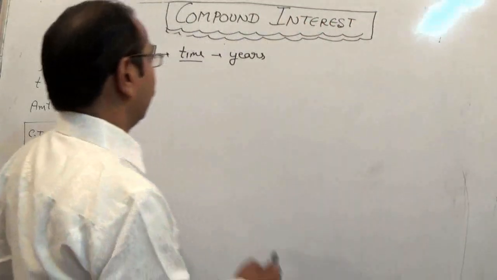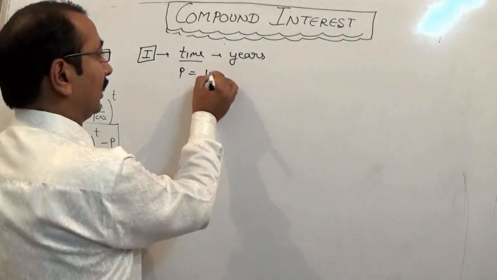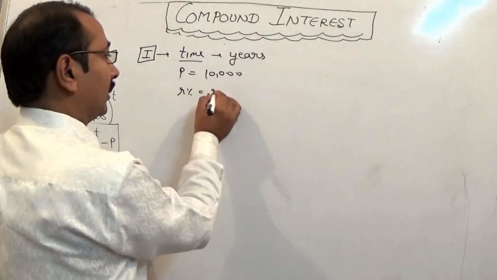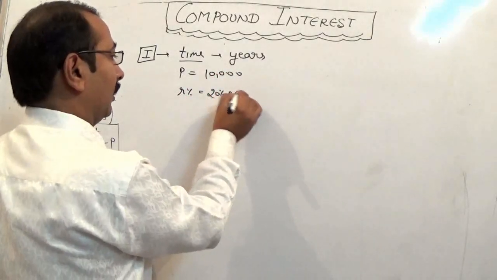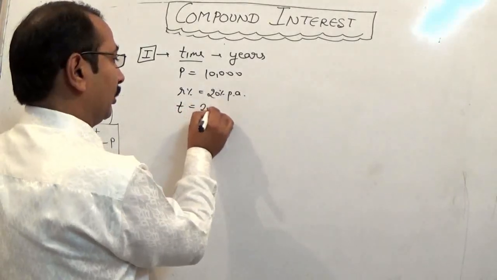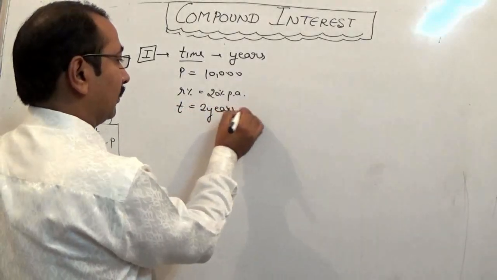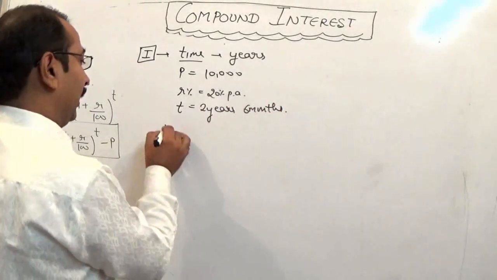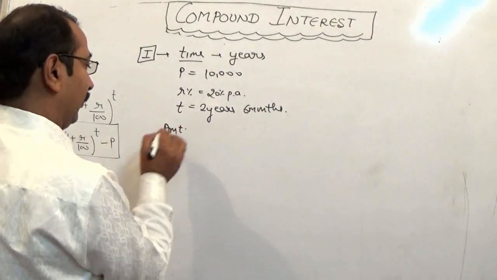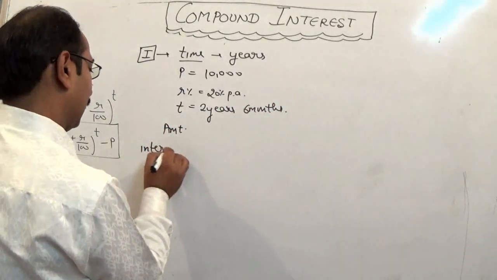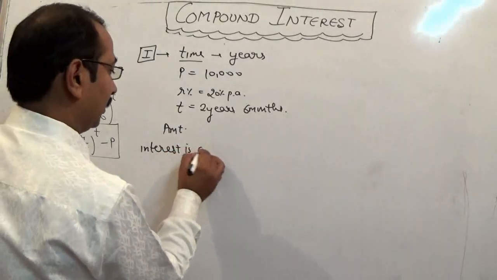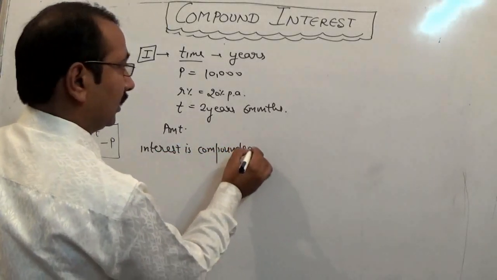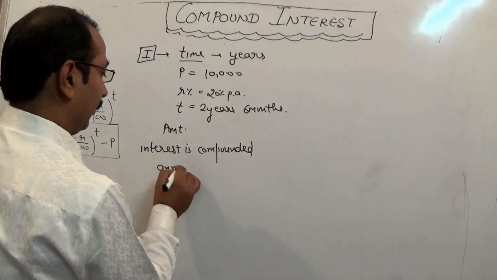Suppose the principal is rupees 10,000, the rate of interest is 20% per annum, the time is 2 years and 6 months, and we have to find the amount where interest is compounded annually.